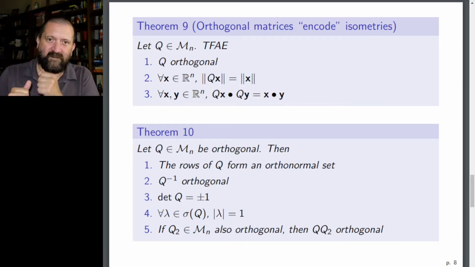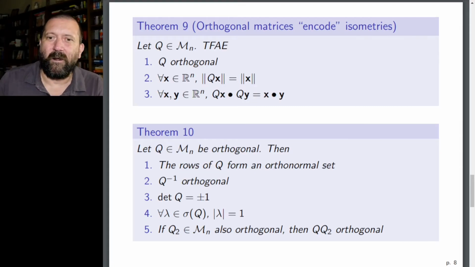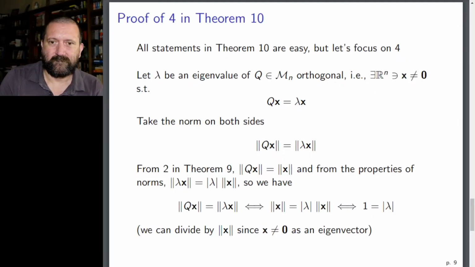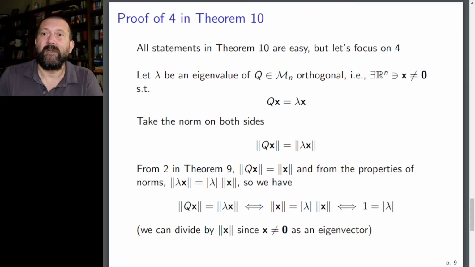Okay. So as I said, let's prove number 4 in theorem 10. And you'll see it's very, very simple, but I'm emphasizing it because I want you to understand the mechanics. So let's take a matrix Q that's orthogonal, and let's take an eigenvalue lambda of this orthogonal matrix.